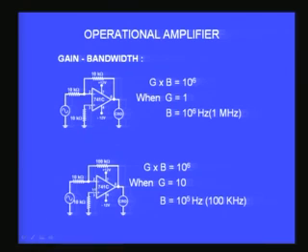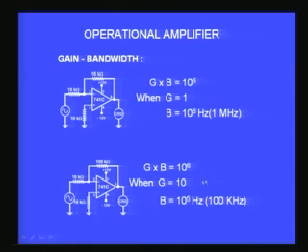In the second circuit, what I have done is, in the feedback, instead of using 10 kilo ohm, we have used 100 kilo ohm. That means what is the gain in this case? It is 100 divided by 10, which is 10. So the gain is now increased by 1 order of magnitude from unity to 10.